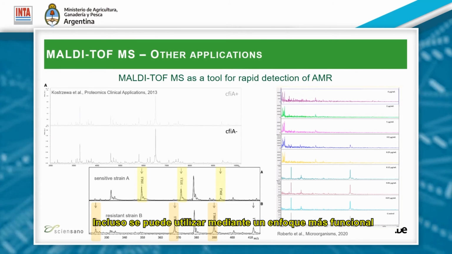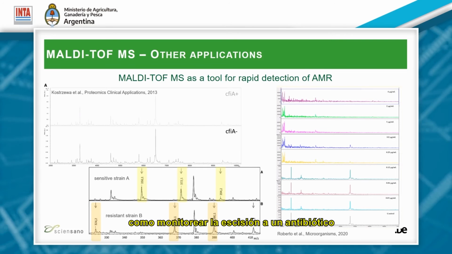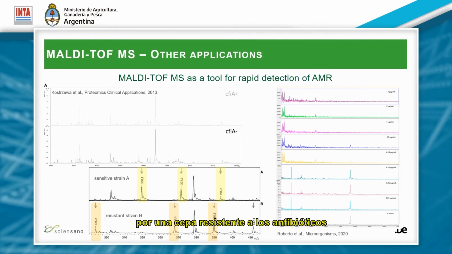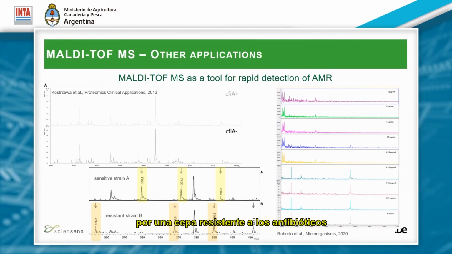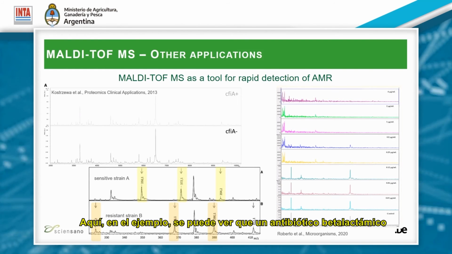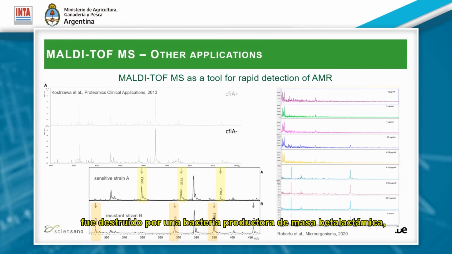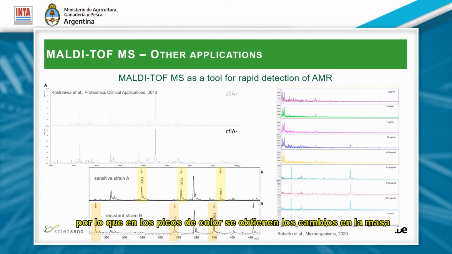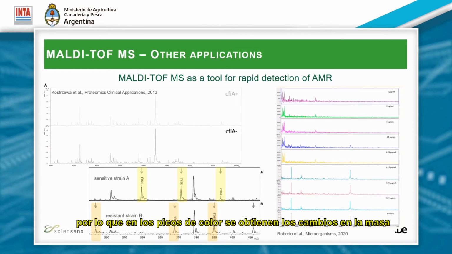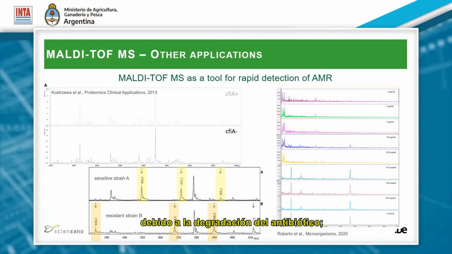Or you could do it via a more functional approach, like monitoring the cleavage of an antibiotic by an antibiotic-resistant strain. Here in the example, you can see that a beta-lactam antibiotic is cleaved by a beta-lactamase producing bacterium. In the colored peaks, you get a shift in the mass because of the degradation of the antibiotic.